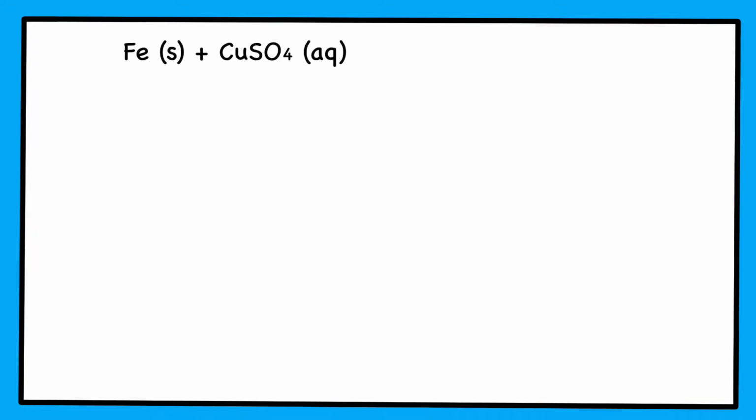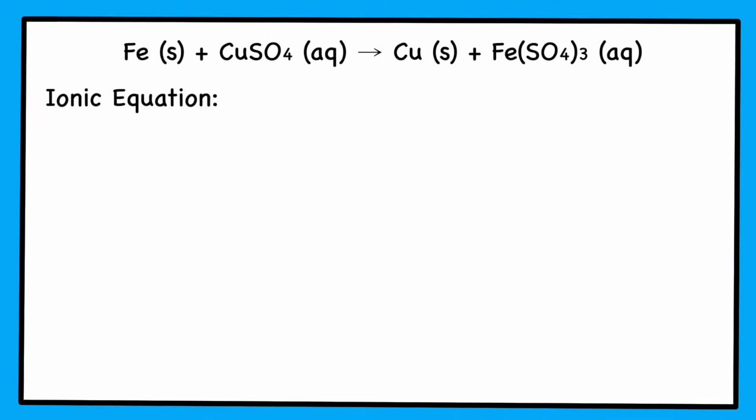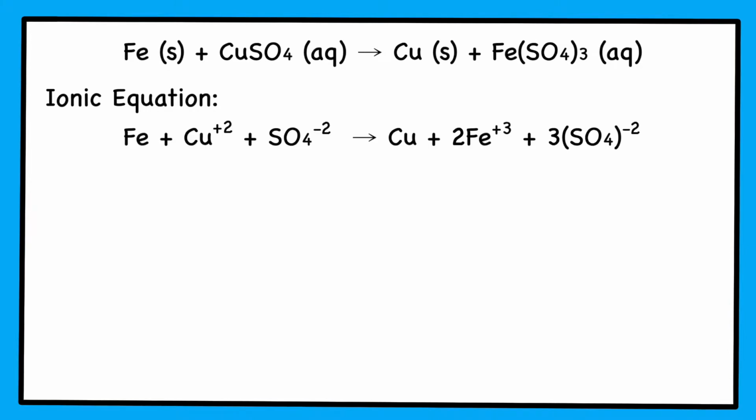Now let's work through these steps in the following redox reaction: Fe plus CuSO4 aqueous yields Cu plus Fe2(SO4)3 aqueous. First step is to write the unbalanced net ionic equation and omit spectator ions. If we write the ionic equation for this, we would have Fe plus Cu2+ plus SO4 2− yields Cu plus Fe3+ plus SO4 2−.